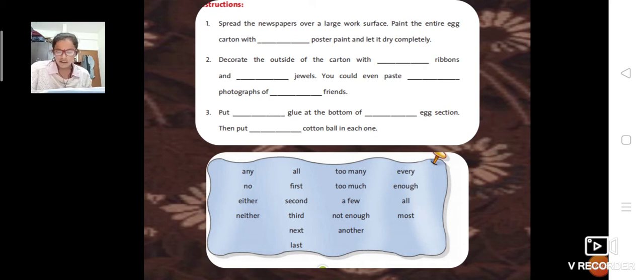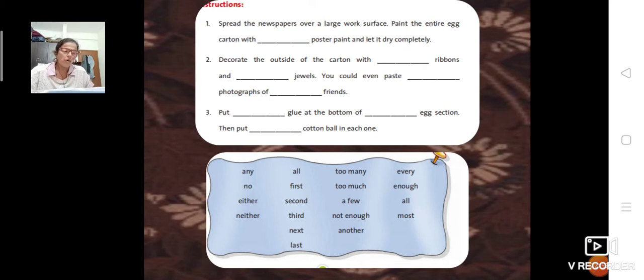So several ribbons, and many jewels. You could even paste a lot of photographs of some friends. They are saying that you can paste a lot of photographs of some friends. Then put a little glue at the bottom of an egg section.